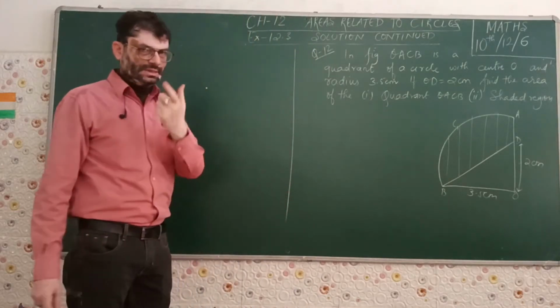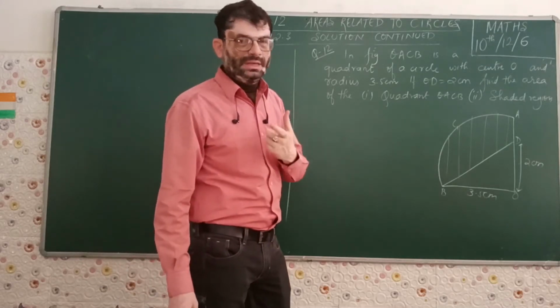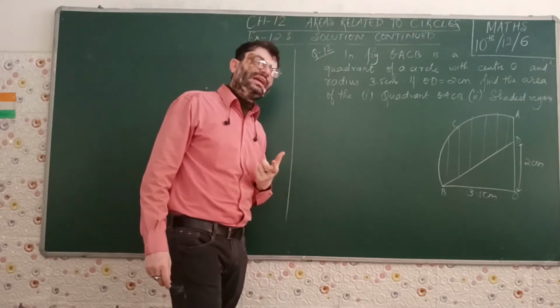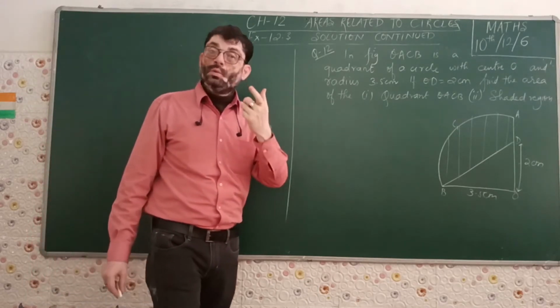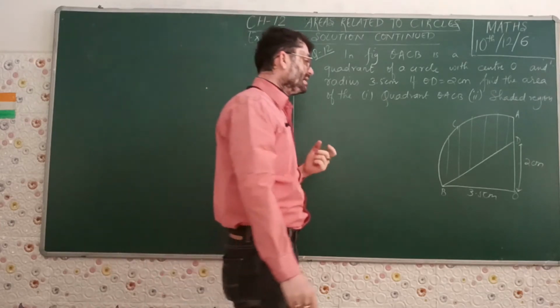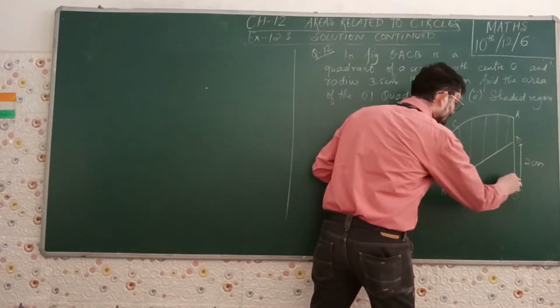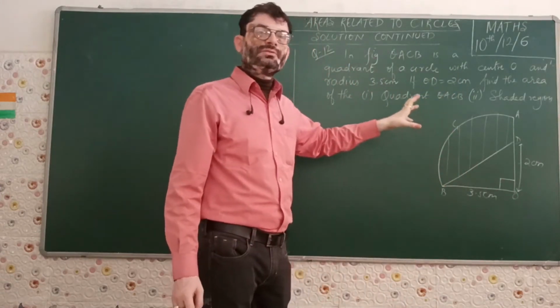Quadrant, again that word came that we had discussed in our previous sessions. Quadrant means the angle is 90 degree. It is the 1/4 part of the circle where the angle is 90 degree. So we can consider this angle to be 90 degree because this is the quadrant, this is the 1/4 part of the circle.